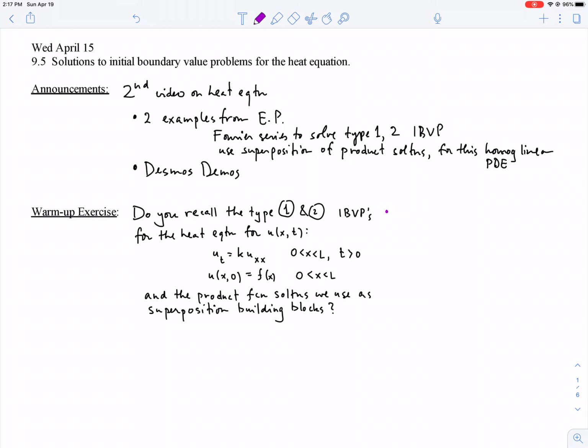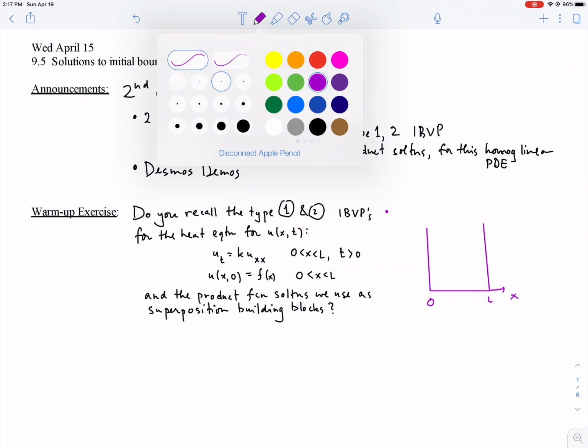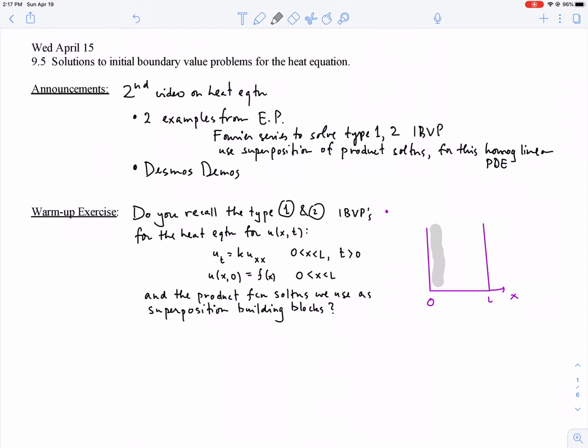So remember, we're looking for a function u of x,t defined for x between 0 and L. And for x between 0 and L and t positive, it's supposed to satisfy ut equals k uxx, which is the partial differential equation describing how heat diffuses either through a one-dimensional object or in a one-dimensional way through things like walls, which have higher dimension.